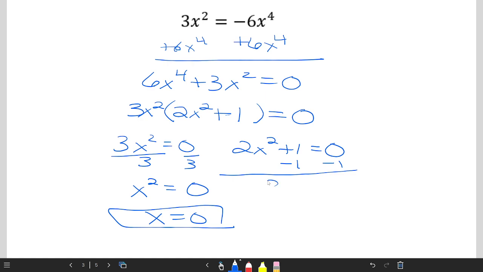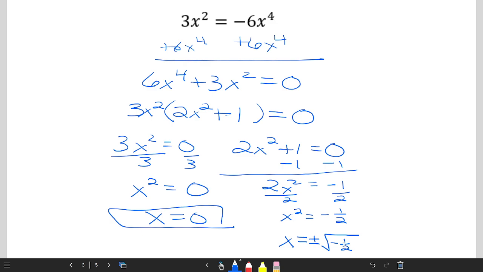Over here, we can subtract 1 and then divide by 2. So we have x squared equals negative 1/2. We can just use the square root property there to solve that. Take the square root of each side. We should get two solutions, plus or minus there.